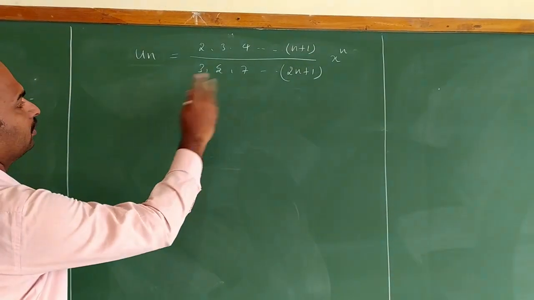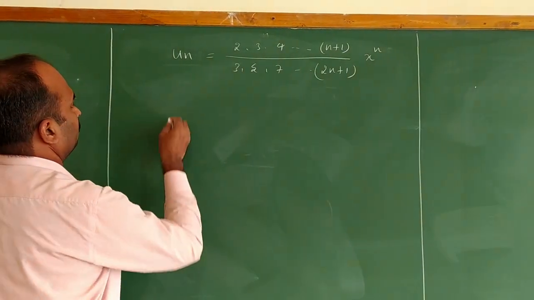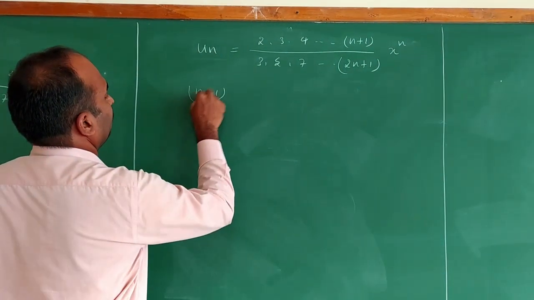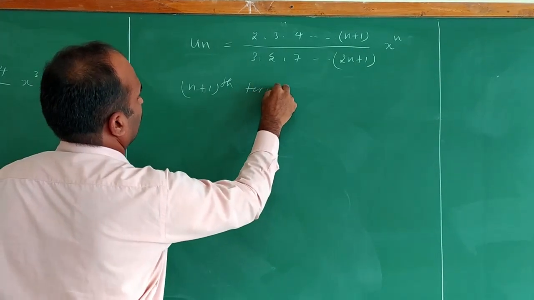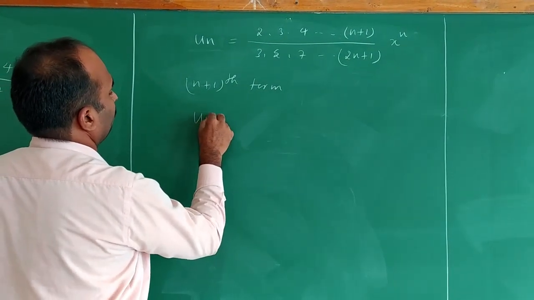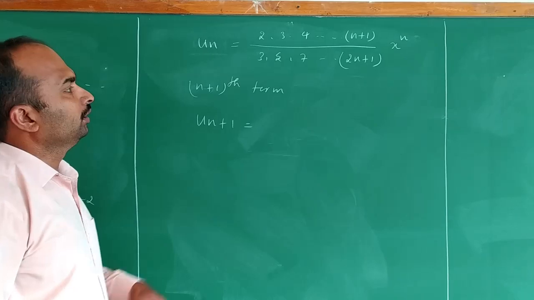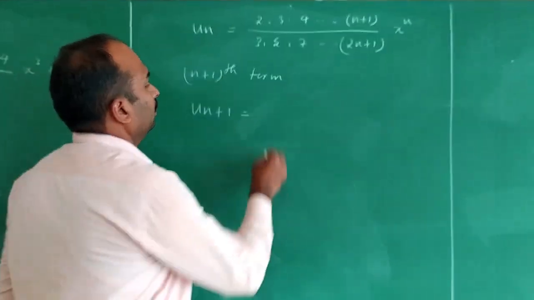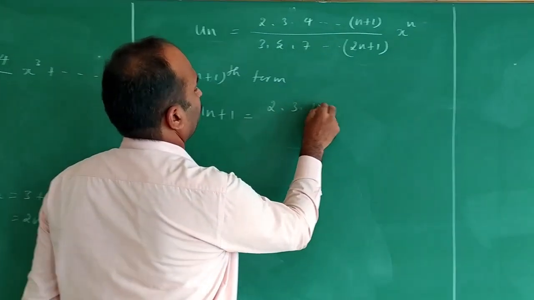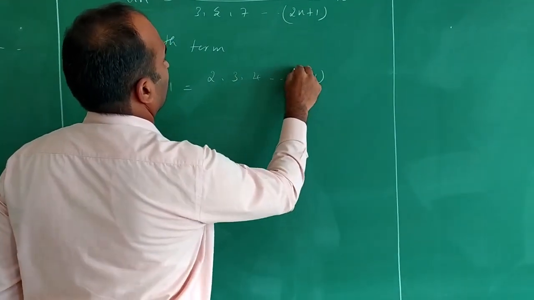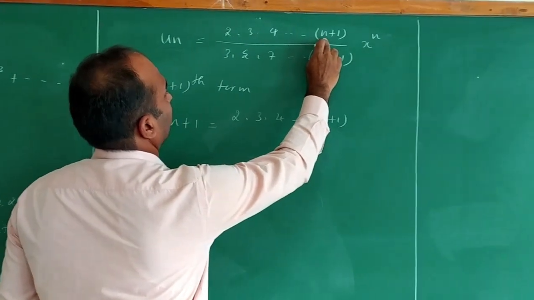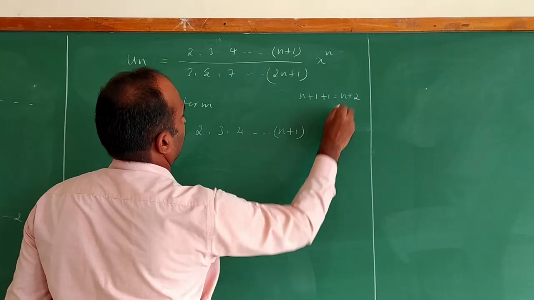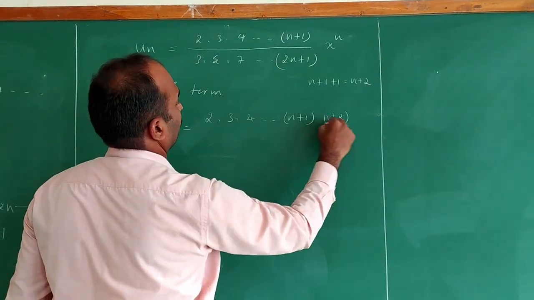See, this is un, which means there will be n number of terms. Changing n to n plus 1, the n plus 1th term, un plus 1, will be the same n terms, and one more term will be added, that is 2, 3, 4, so on n plus 1. If you replace n by n plus 1, it becomes n plus 1 plus 1, that is n plus 2. So the next term will be n plus 2.